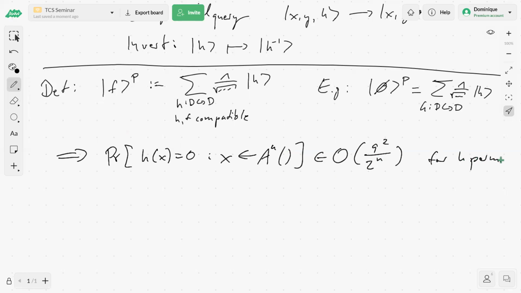And the analysis is exactly the same, except you start with this state here.